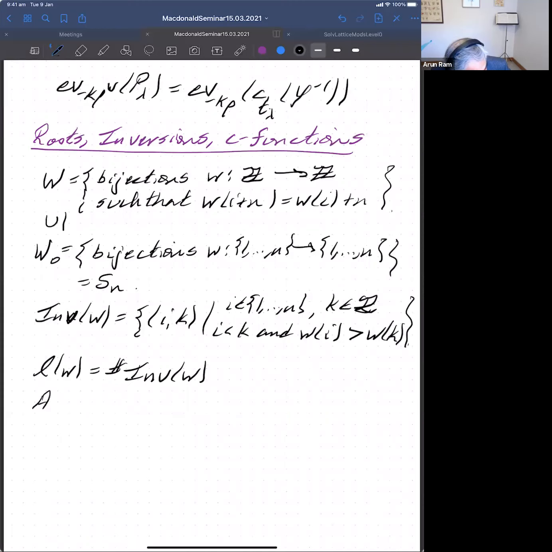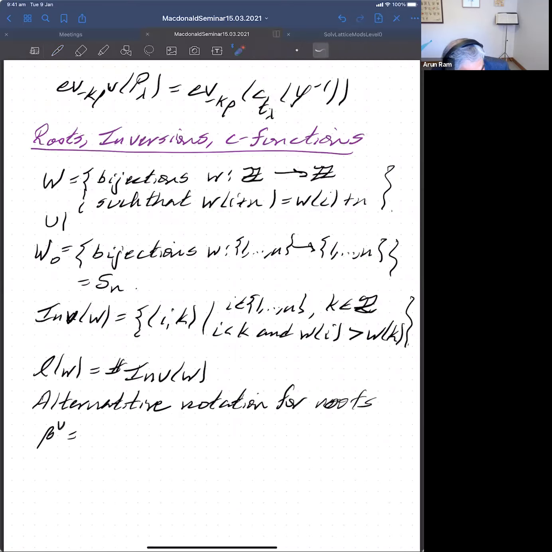Now there's an alternative notation which I think is powerful, so I want to use it for roots. So beta check: I have written ik here, a pair ik, which is very common. So a pair ik is really ij plus ln, because this k is some integer which is bigger than i.